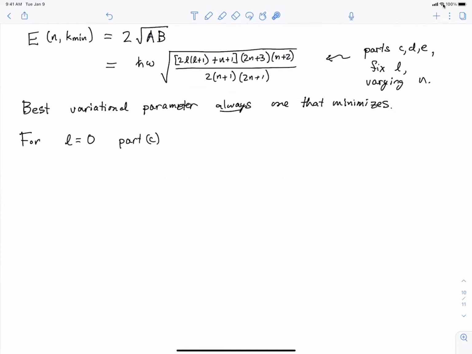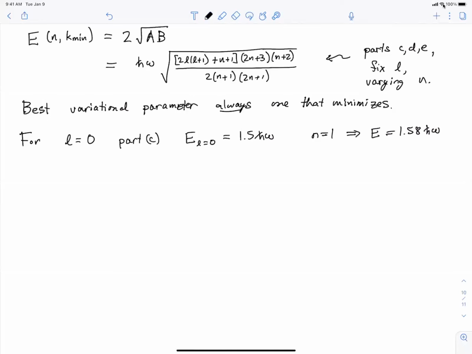Okay, so first of all, the exact answer is not something that depends on n, because n is going to be fixed. The exact answer is 3/2 h bar omega. And the n that gives the smallest value turns out to be n equals 1, which gives an energy of 1.58 h bar omega.